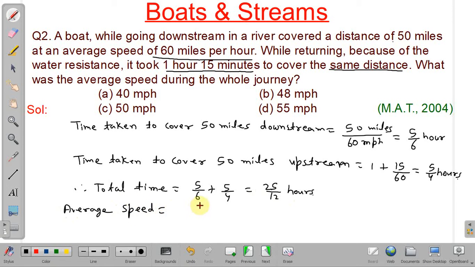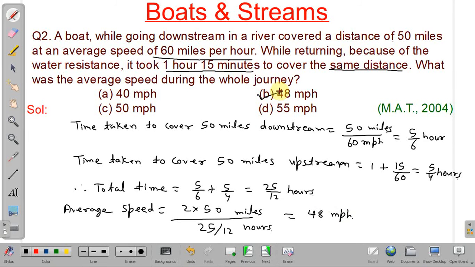So downstream and upstream both side distance is 50 miles. So 2 into 50 divided by total time, and we have calculated it as 25 by 12, miles over hours. Okay. So after calculating this we will get 48 miles per hour. So mph. Our answer will be option number B.